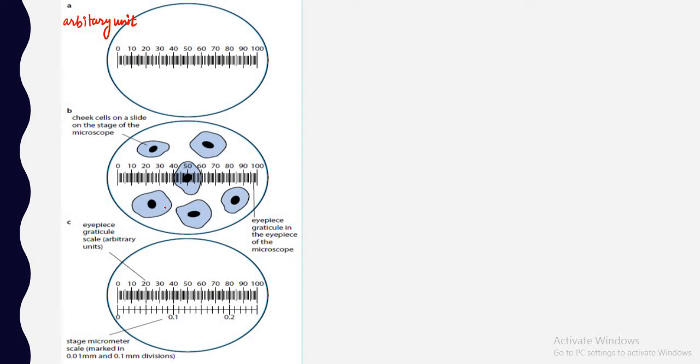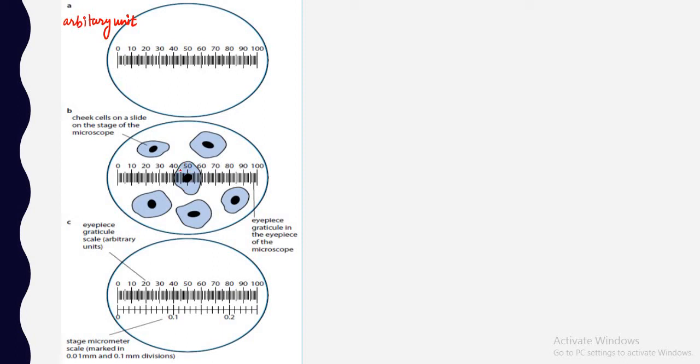The second one shows the cheek cells on the slide, on the stage of the microscope. There is a slide on the stage where cheek cells have been prepared and focused on. The eyepiece graticule in the eyepiece of the microscope is this, and this is how you will observe your cheek cells when you have kept them on the stage under a microscope on the slide.